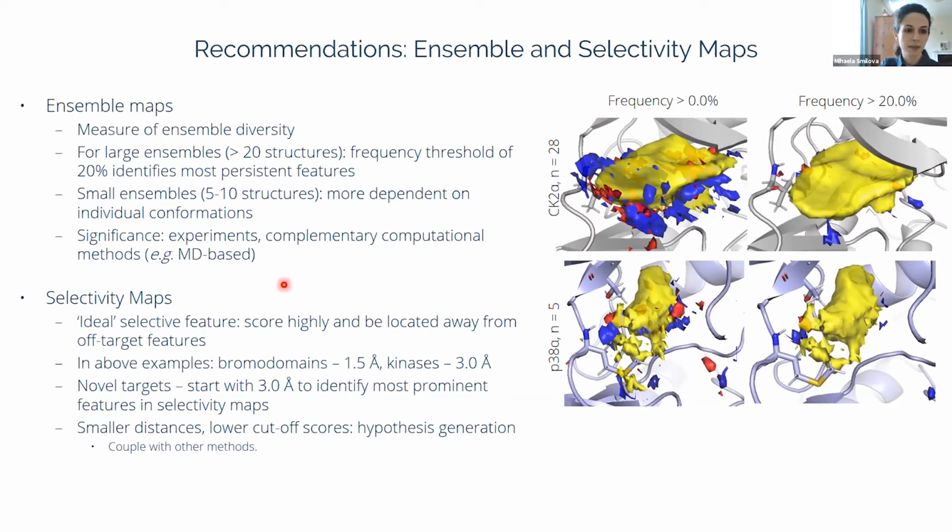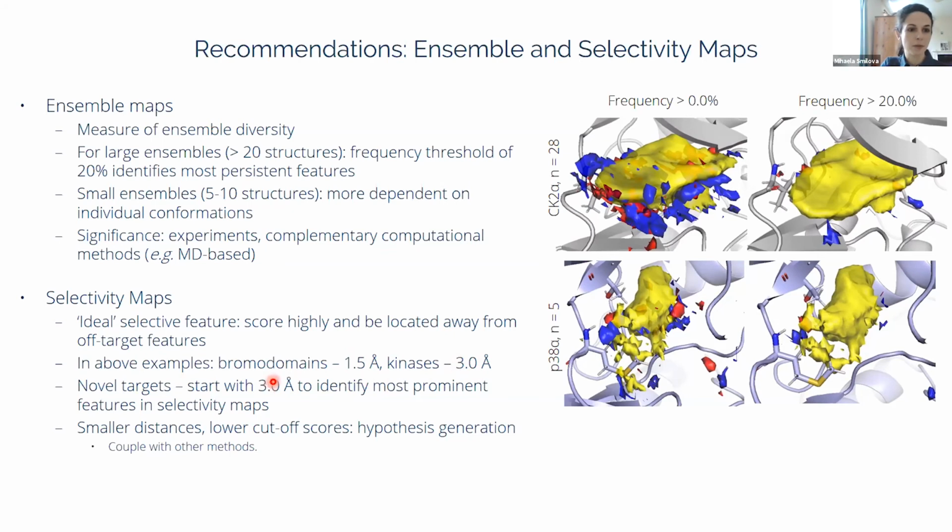And then in the case of the selectivity maps, an ideal selective feature would both score highly and be located away from off-target selective features. So what does far away mean in this case? Well, in the bromodomains, setting that threshold to 1.5 angstrom was shown to be sufficient, but for kinases, which, as we know, tend to be more flexible, we had to go up to 3 angstroms.